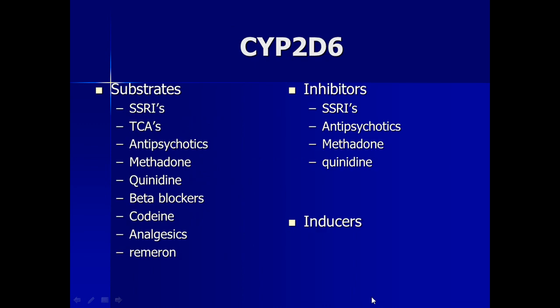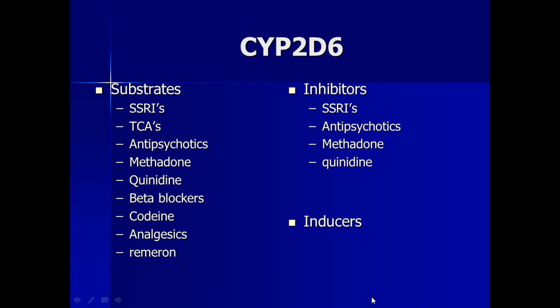So thinking of our equation again, substrates plus inhibitors equals increased substrate. If we gave TCAs, tricyclic antidepressants, with selective serotonin reuptake inhibitors, it's not a contraindication at all. In fact, we do this very commonly.